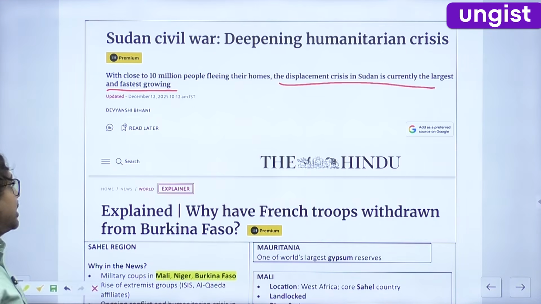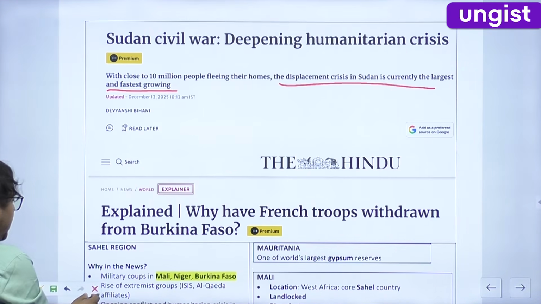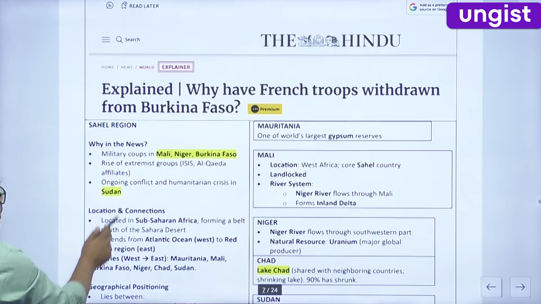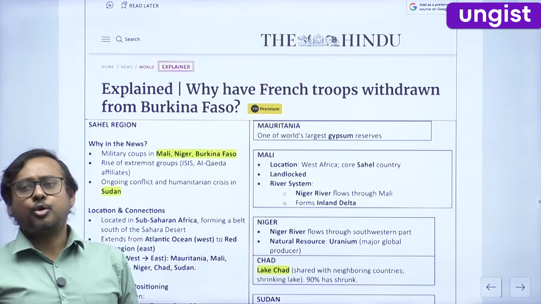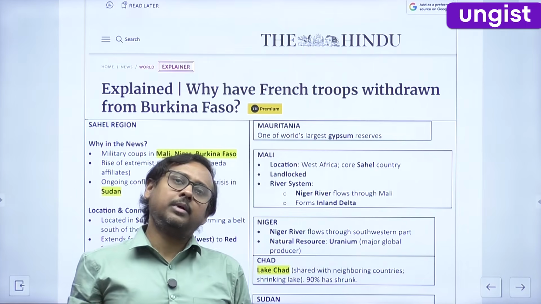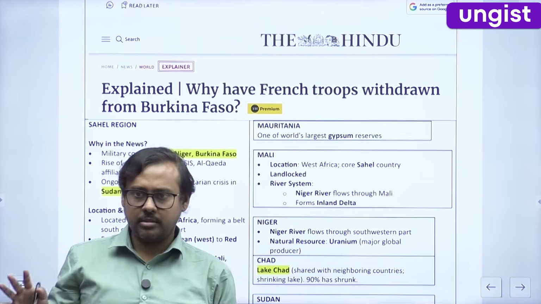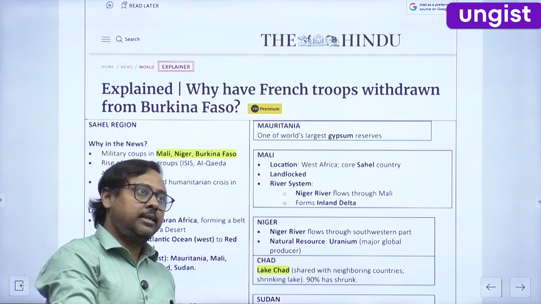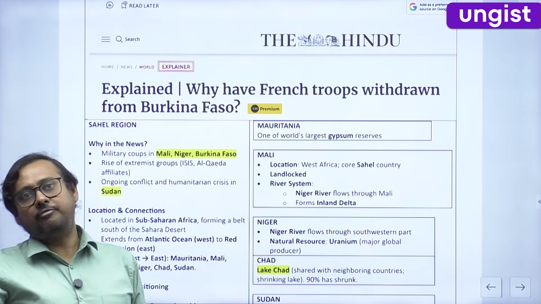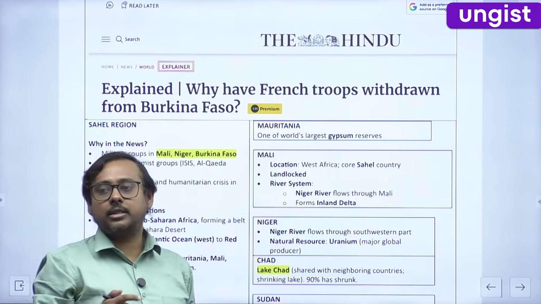What is the second reason why the Sahel region is in the news? Presently, the dominance of troops in Western Africa is by France, right? Since 2022, we are seeing that France is vacating its posts from many countries.